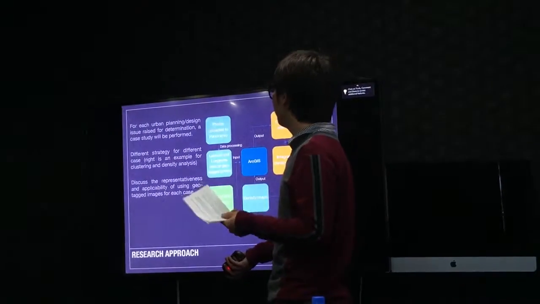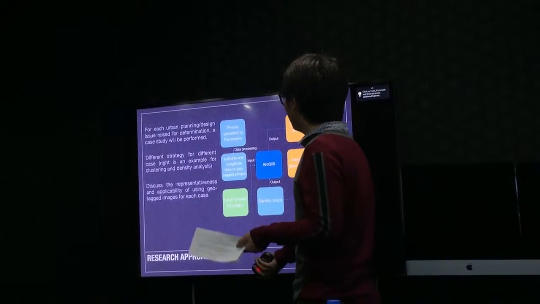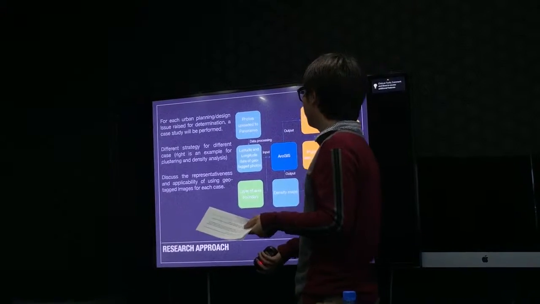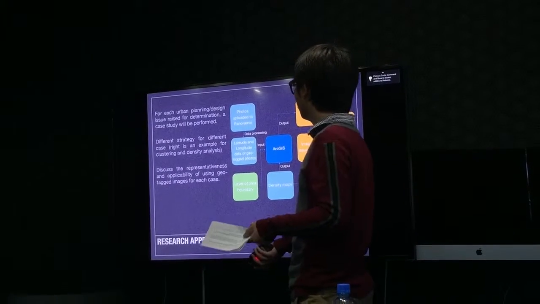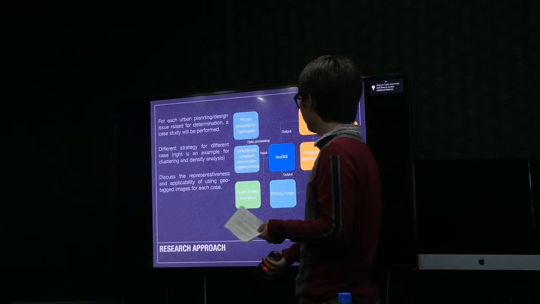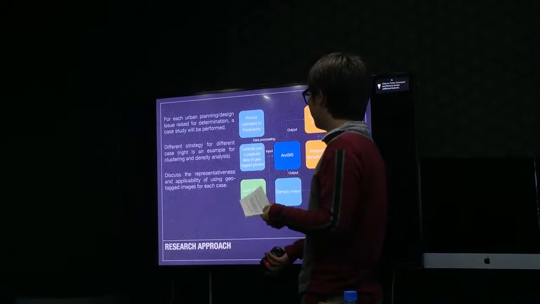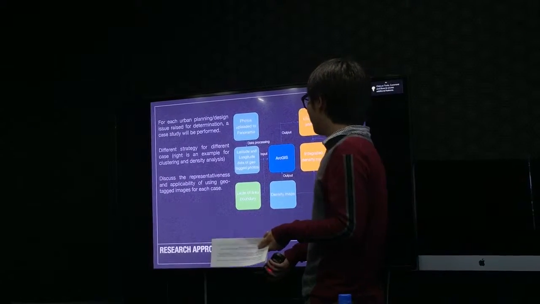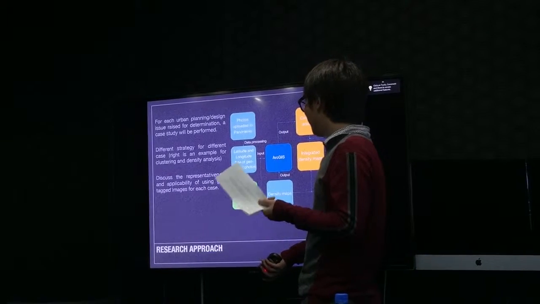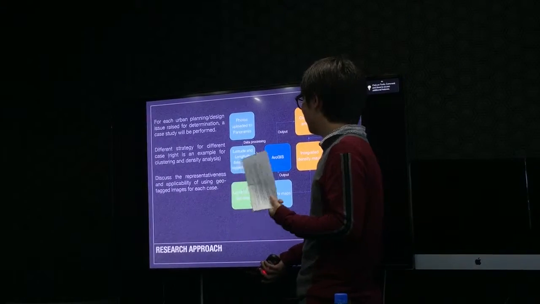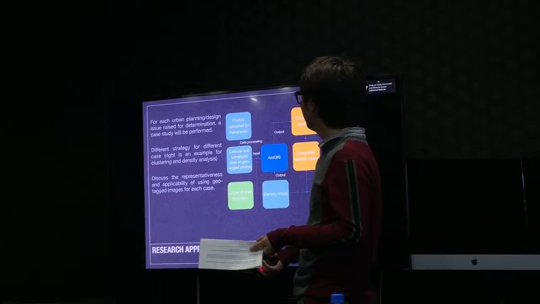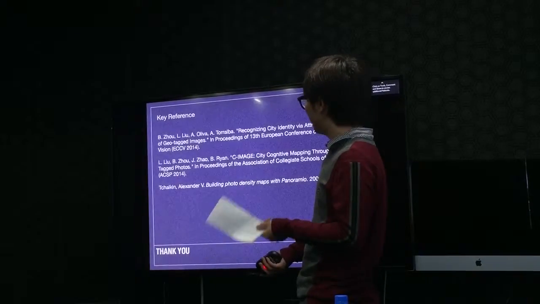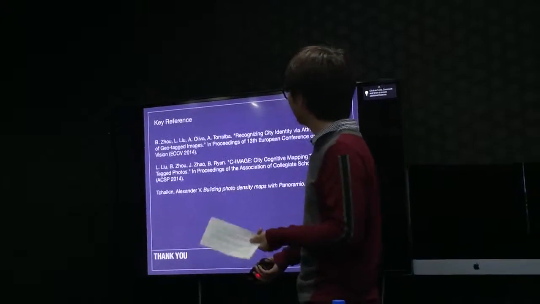I will perform case studies, and different strategies will be used for different cases. This one is for clustering and density analysis, and finally we'll discuss the representativeness and applicability of using geotag images for each case. So this is the key reference.